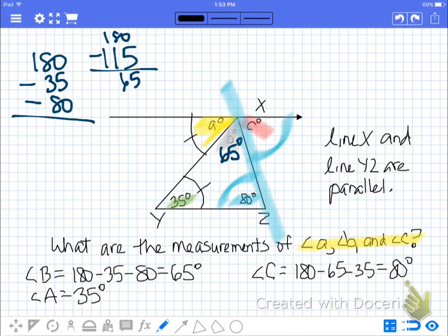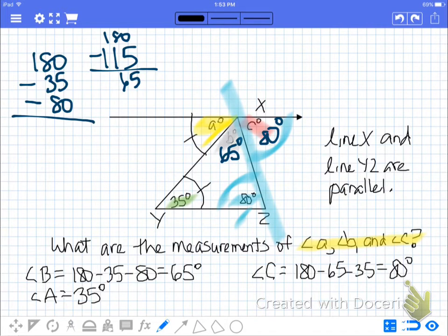So if this one's 80, so is C. So now I can calculate A by either adding 80 and 65 together and then subtracting that amount from 180 degrees, and then I'll be good to go. So 65 and 80 added together subtracted from 180 is going to give me a measurement of 35.